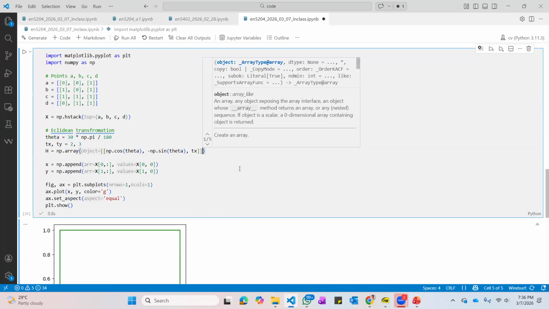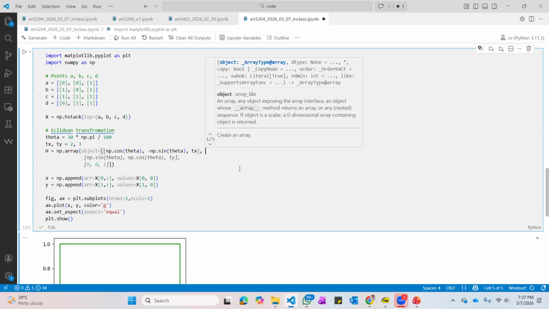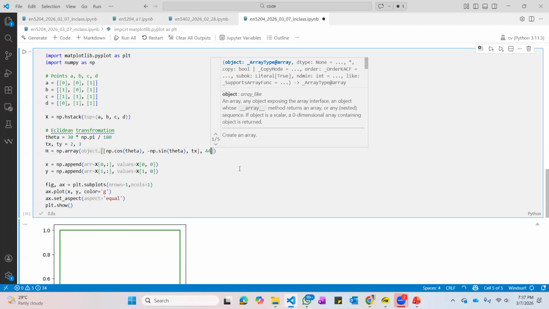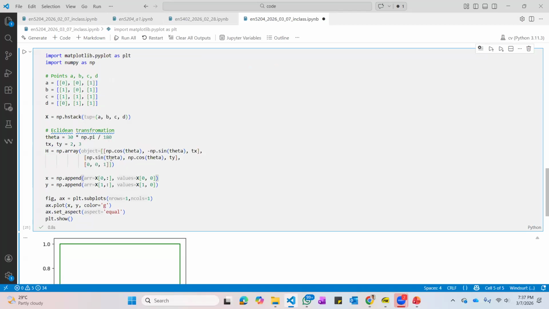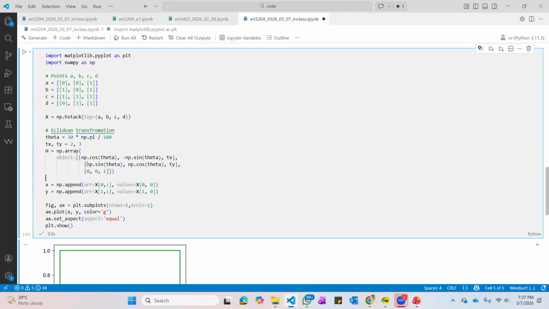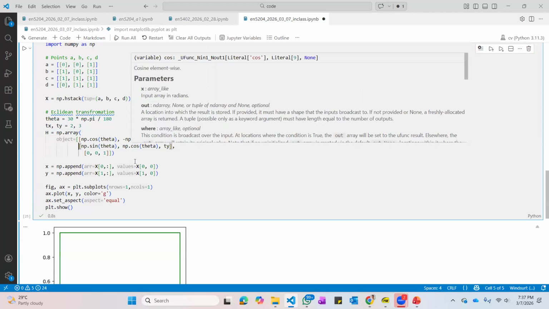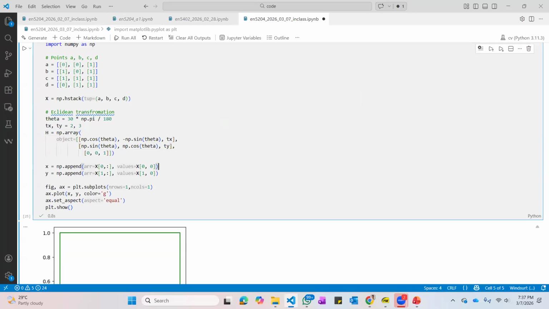Okay, second row: np.sin theta, cos theta, ty. That's correct, I think. Then finally 0, 0, 1. Remember, that's the last row you need to have. This is the transformation.